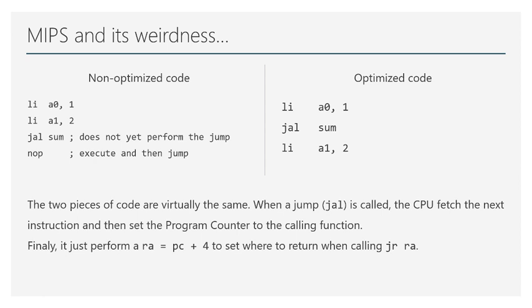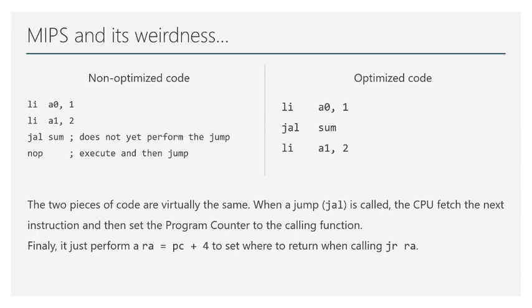So the code on the left and the code on the right are virtually the same. They do exactly the same thing. This is really tricky because it's how MIPS works. When a jump is called, the CPU fetches the next instruction and then sets the program counter to the calling function.